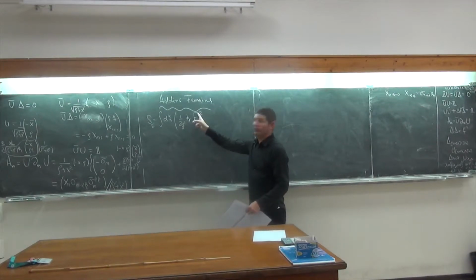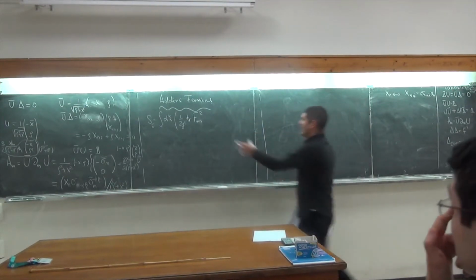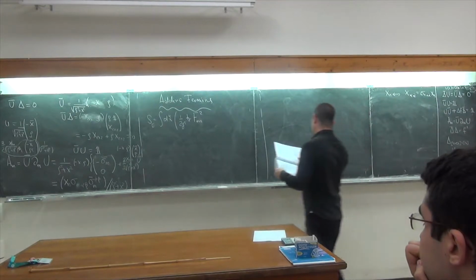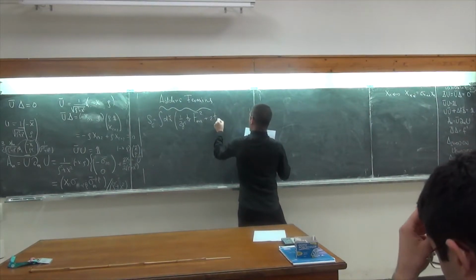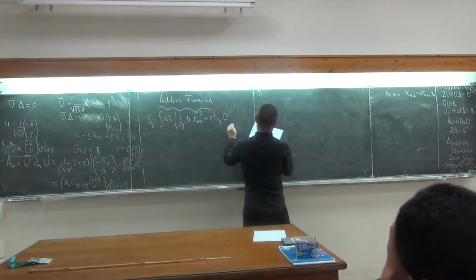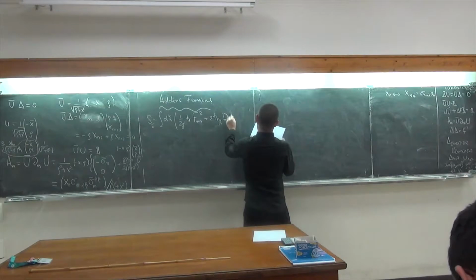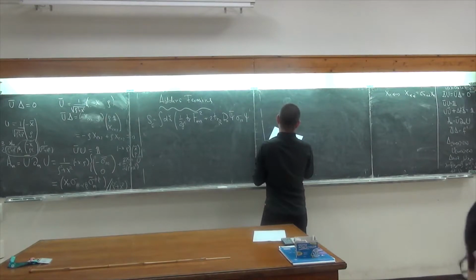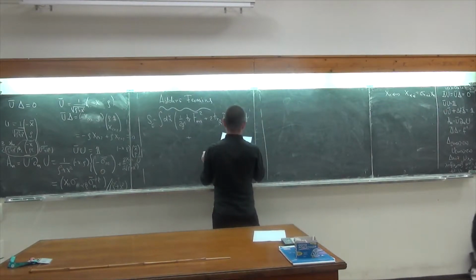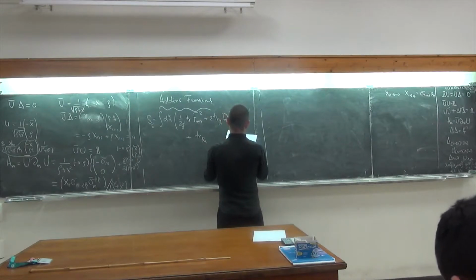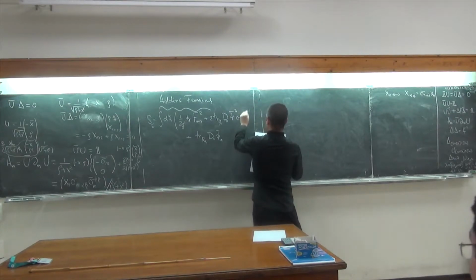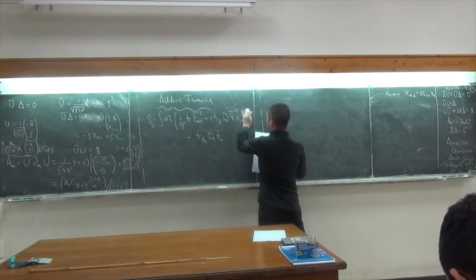You can write 1/4 and put here the sum over the components. The trace of sigma times sigma gives 1/2, the extra one. And then you can also have scalars.